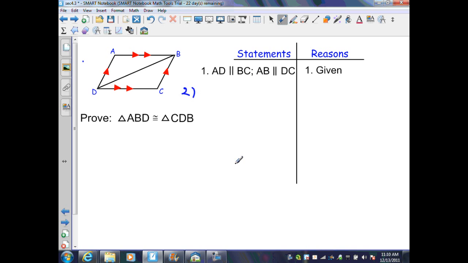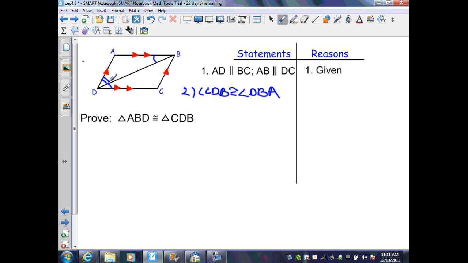With parallelism, I know that I'm given AB is parallel to DC. Those two segments generate alternate interior angles. And since they are parallel, those angles are congruent. So I have angle CDB congruent to angle DBA. I also have segment AD parallel to BC.